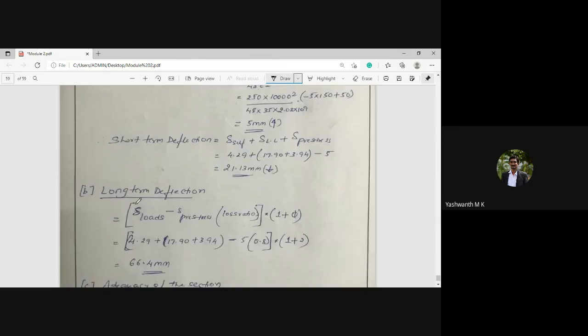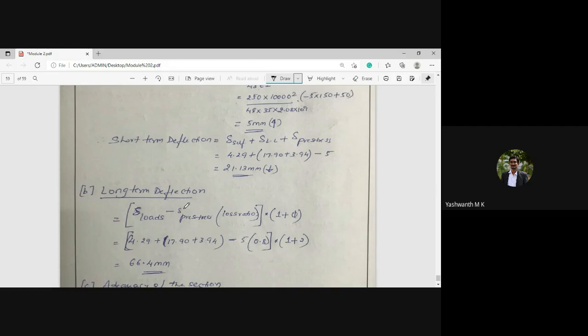Next, long-term deflection, which, as I stated, is deflection due to the loads minus deflection due to the pre-stress. In the previous case also the same thing was considered, deflection due to the loads positive and deflection due to the pre-stress negative. But this deflection I need to multiply with the loss ratio.